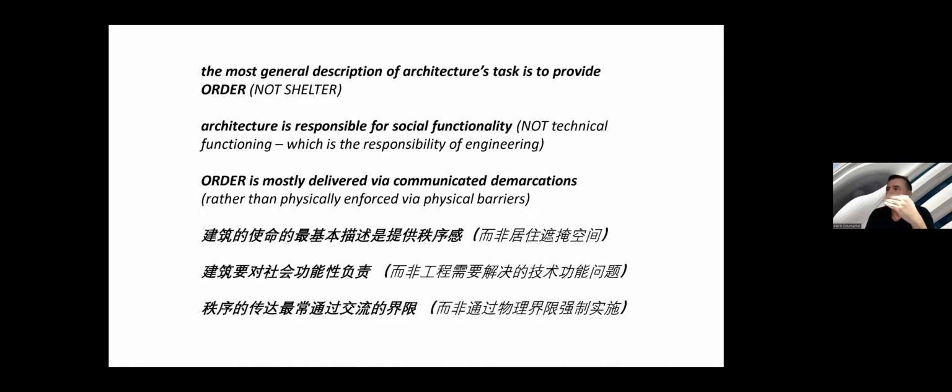So this kind of ordering of the process, when it becomes complex, we've always been responsible for that social functionality, and delivering this increasingly through communicated demarcations rather than physically through walls with locks and barriers and gates. That's a sign of social progress.